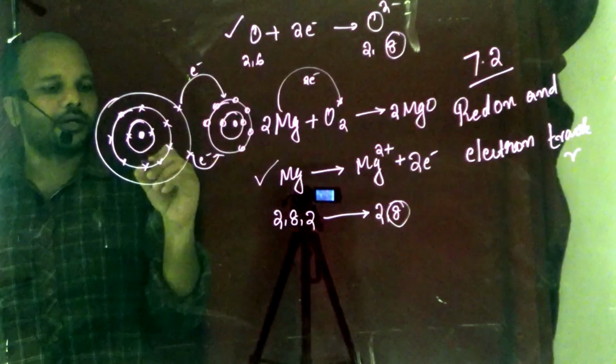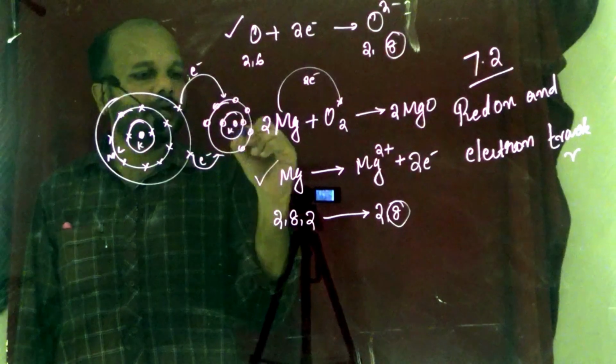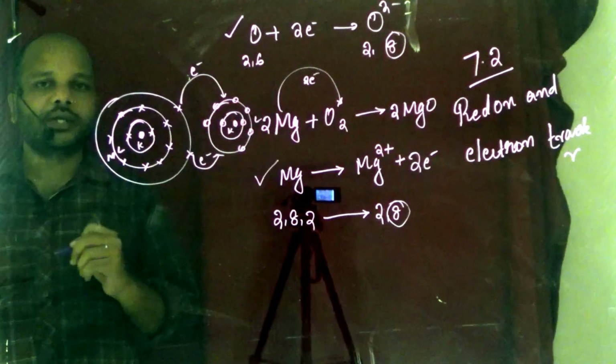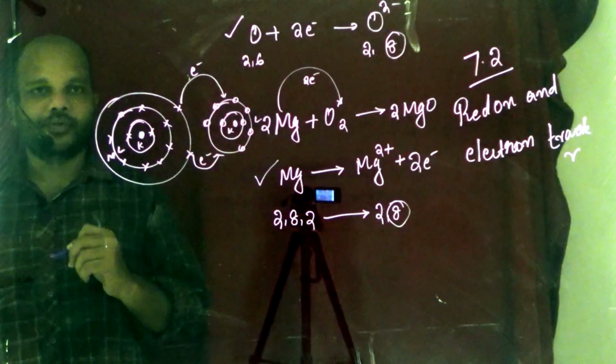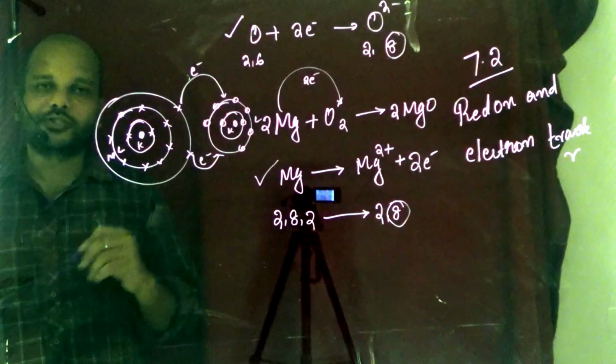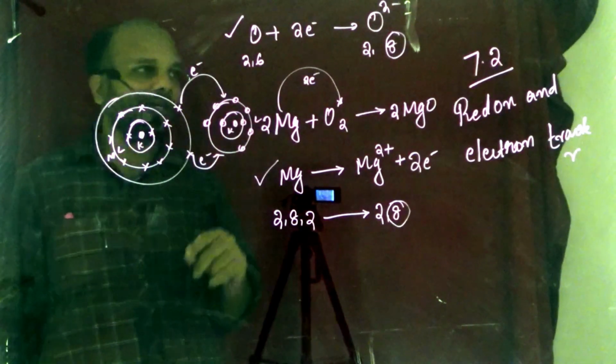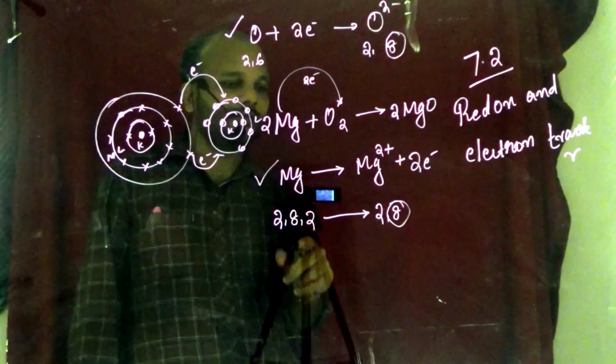Here magnesium has K, L, M and oxygen has K and L. So the electrons will go to the L shell of oxygen, and oxygen will have 8 electrons in the outermost shell. It is happy.